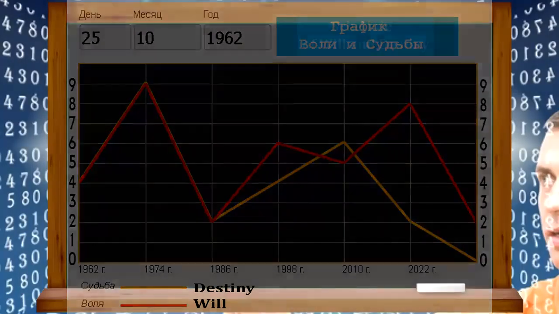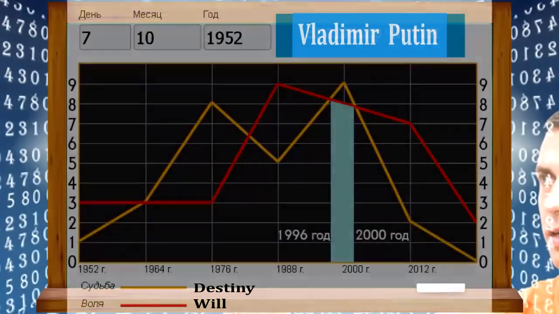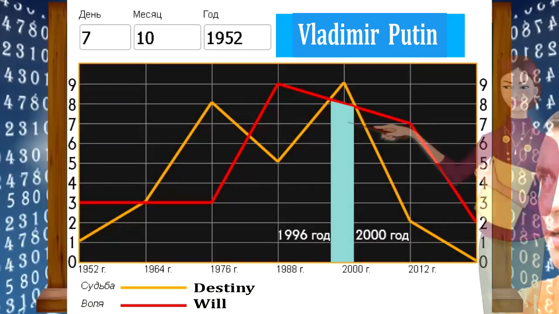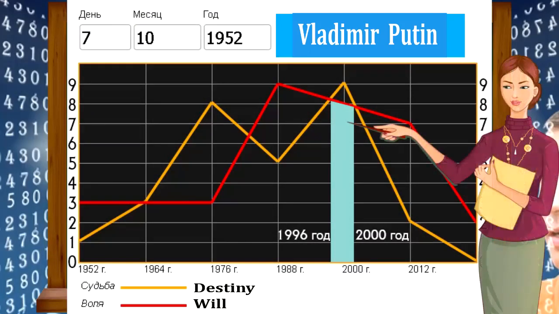Let's take a look, for example, at the schedule of President Vladimir Putin. He was born on October 7, 1952. Look at the plot, from about 1996 to 2000. Since August 1996, Vladimir Putin has been invited to work in Moscow in the position of Deputy Managing Director of the President.